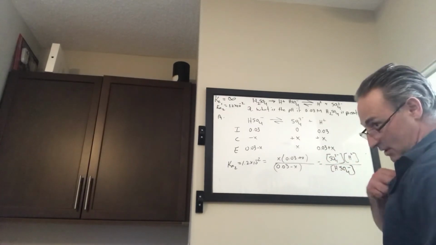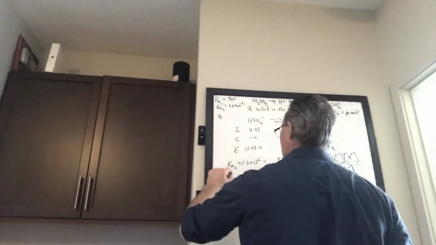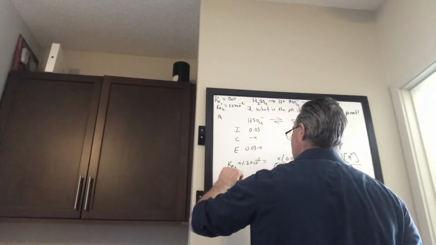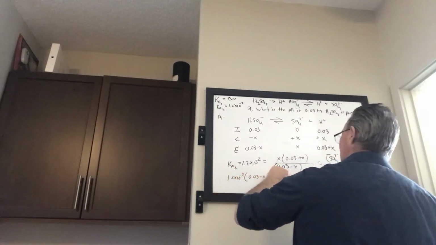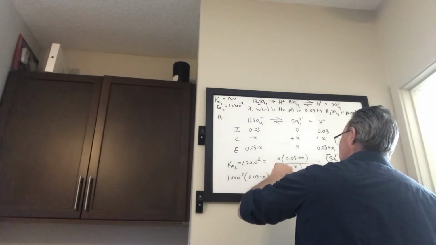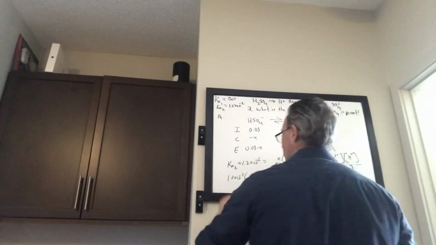So you're definitely going to use the quadratic formula to solve this. You get 1.2 times 10 to the negative 2 times (0.03 minus X) is equal to X times (0.03 plus X). We're going to simplify all that to write a trinomial.